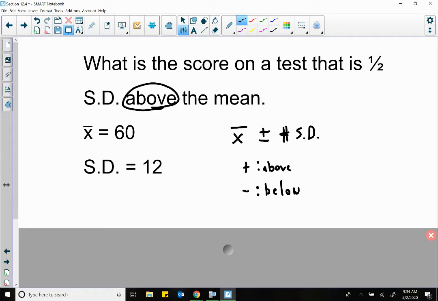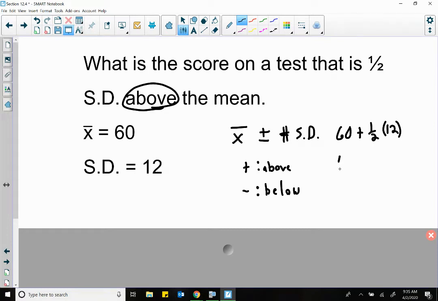So now we know what to do. All we're going to do is take our mean, which is 60, and we're going to add half the standard deviation, which is 12. And that will tell us what a score on a test is that is a half standard deviation above the mean. That's what it's looking for.